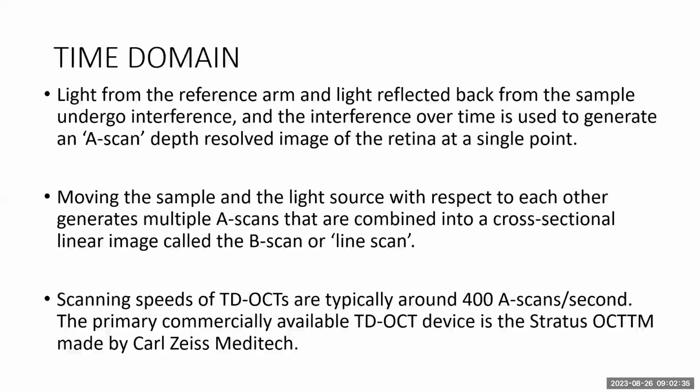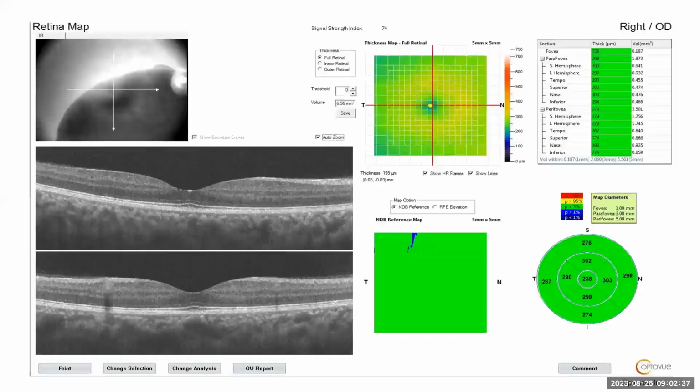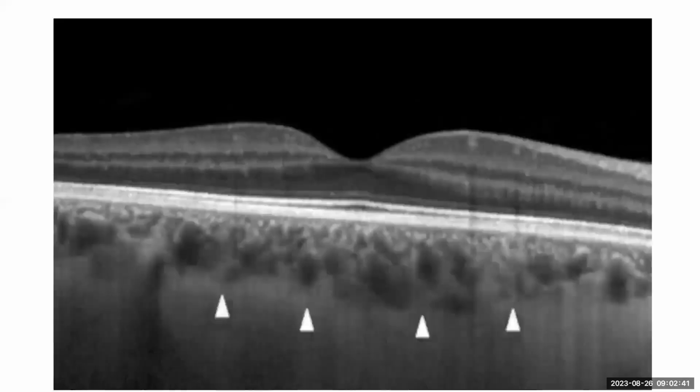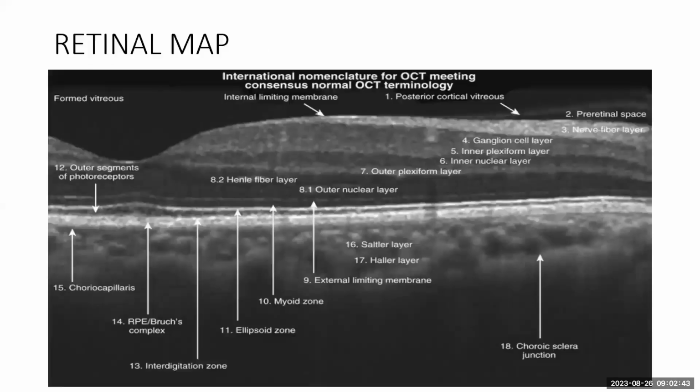So as a refresher, I'm moving down to the normal OCT printouts. This printout is the consensus, the international nomenclature for retinal OCT, and I'm going to point to the different layers here. You either go from in to out or from out to in. This is the vitreous, the posterior cortical vitreous.